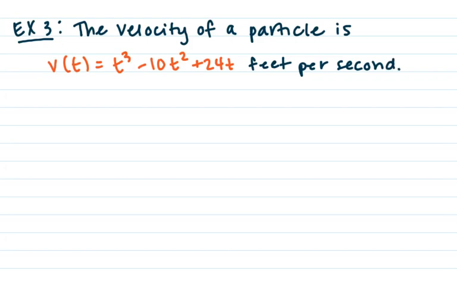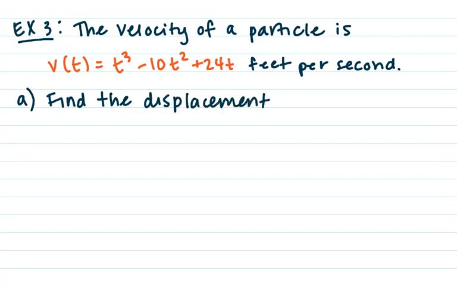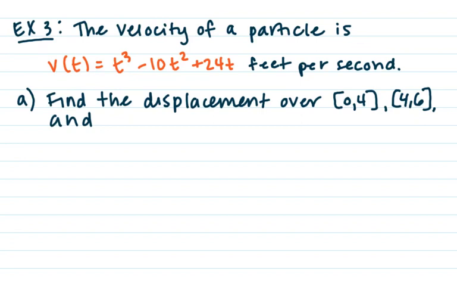Okay, so this one also has a part A, part B. So part A says, find the displacement over the interval 0 to 4, 4 to 6, and 0 to 6. Explain what these values represent.